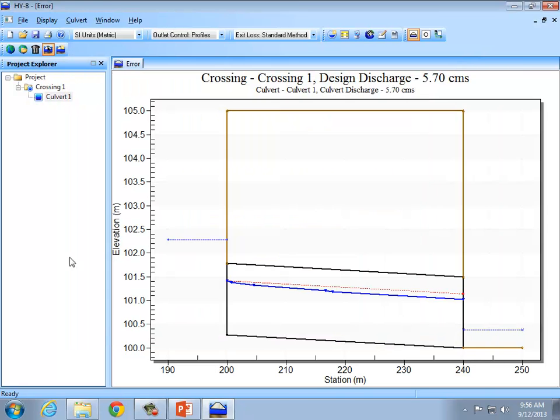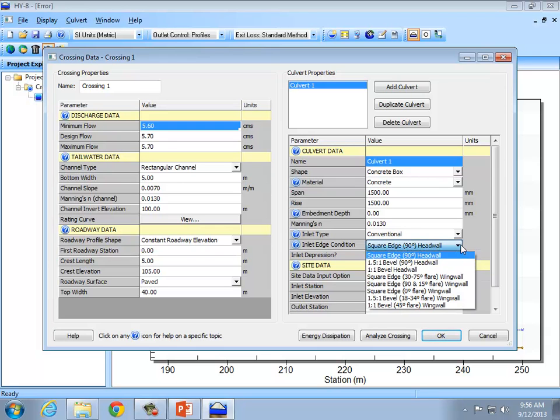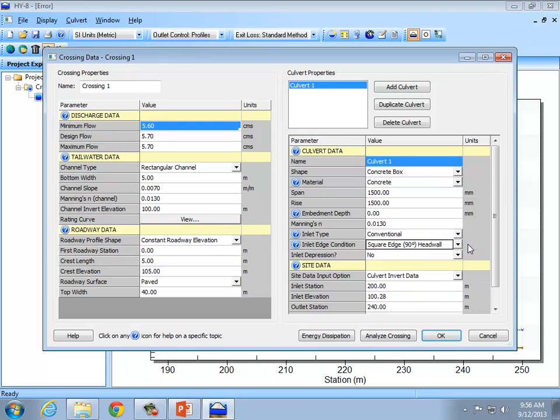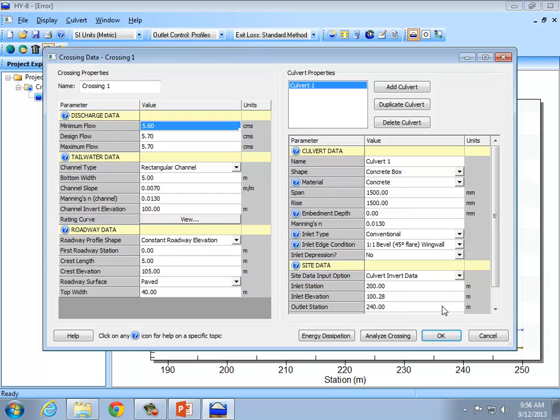And so let's change the culvert configuration. Instead of having a conventional inlet and inlet edge condition being square edge 90-degree head wall, let's try a 45-degree flare wing wall.